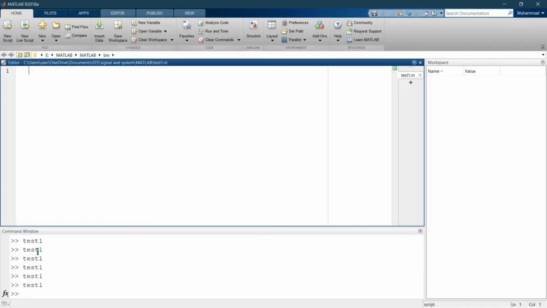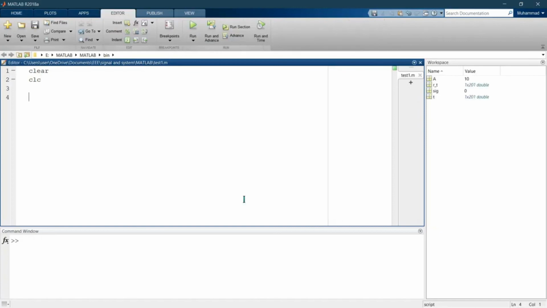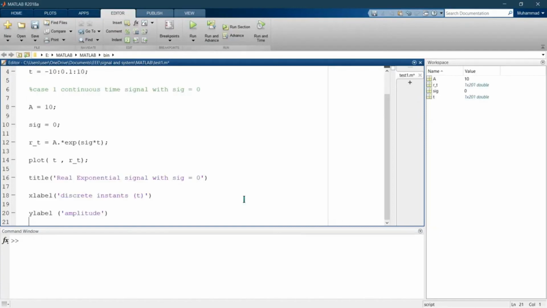Now as we can see, there are some values on the command window, so I will clear that using the functions clear and clc. Just run that. So let me just copy paste my code and I will explain it.